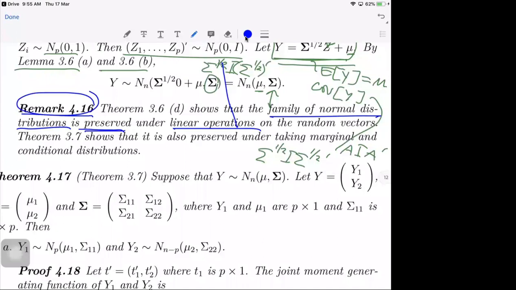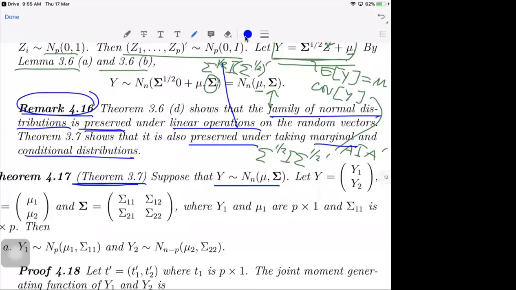Theorem 3.7 shows that it is preserved after undertaking marginal and conditional distribution. So this is theorem 3.7. So kung marginal o conditional distribution, you start with a normal, the marginal distributions are still normal po, no?